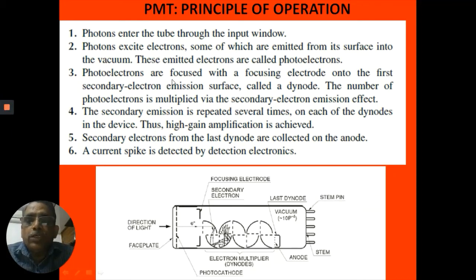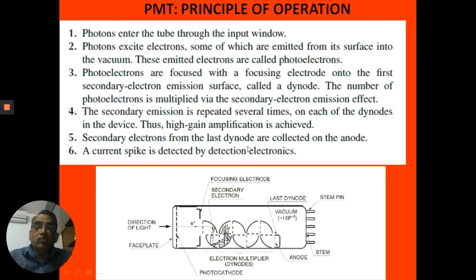These photoelectrons are focused with a focusing electrode on the first secondary electron emission surface, which is called a dynode. The number of photoelectrons is multiplied via secondary emission of electrons, and the secondary emission is repeated several times on each of the dynodes in the device. Thus, high gain is achieved by the photomultiplier tube.